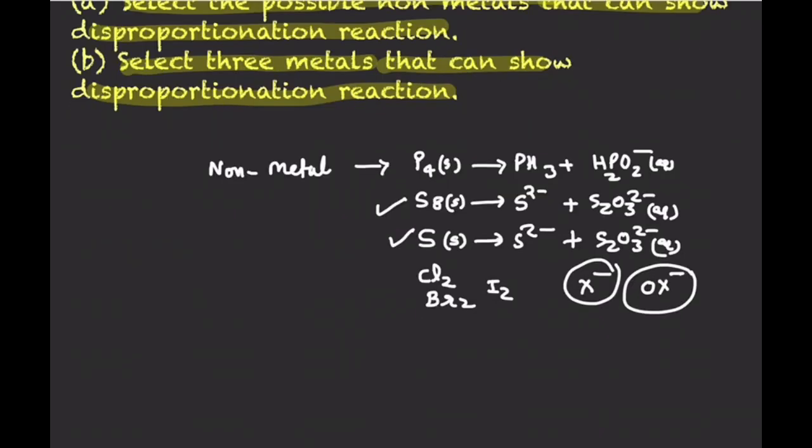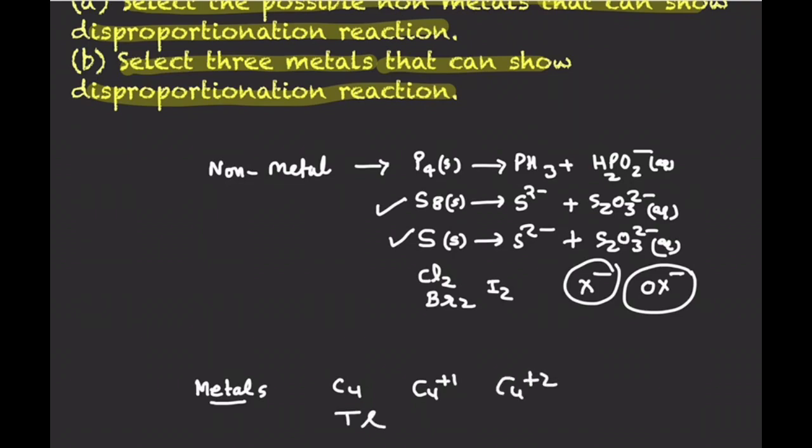For metals, when we are discussing which metals can undergo disproportionation reactions, the metals which have multiple oxidation states, more than one oxidation state, can do so, while alkali metals, alkaline earth metals and aluminum cannot undergo disproportionation reaction. Copper can undergo disproportionation reaction because copper can exist in copper plus 1 and copper plus 2 oxidation states.